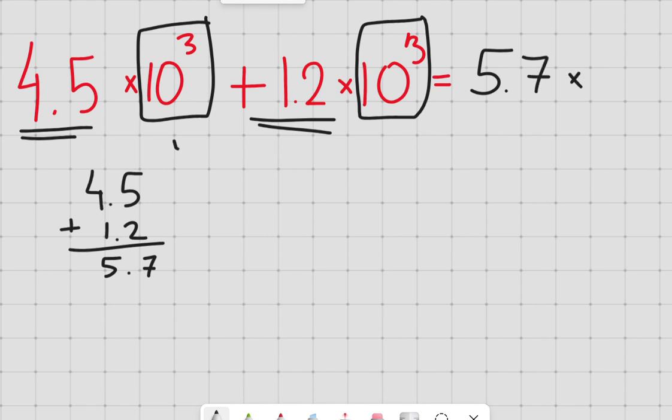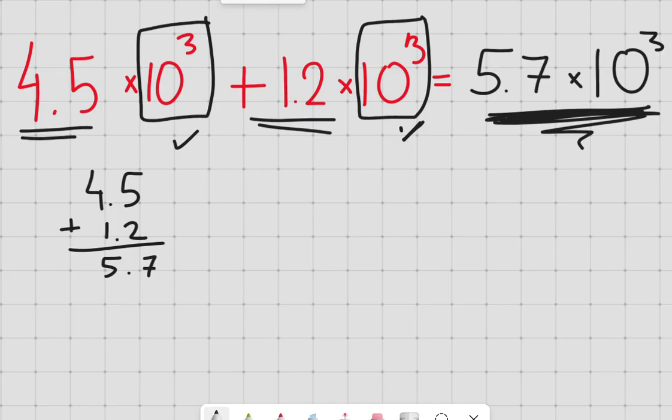And then since they have the same exponent, we copy that exponent and leave it as it is. That's it. That's all we need to know when adding or subtracting two numbers in scientific form if they have the same exponent. All right. Now, what's the logic behind this?